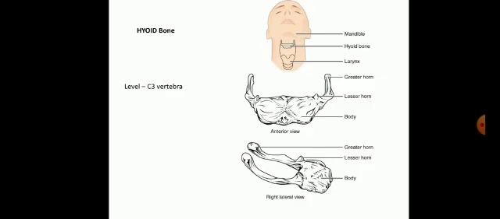So while talking about the bones of head and neck, we finished the skull and then moved on to the cervical vertebrae. The most important one that we should remember is the hyoid bone. This hyoid bone is present in the anterior aspect of the neck, in the midline, midway between the chin and thyroid cartilage, opposite the C3 vertebra.